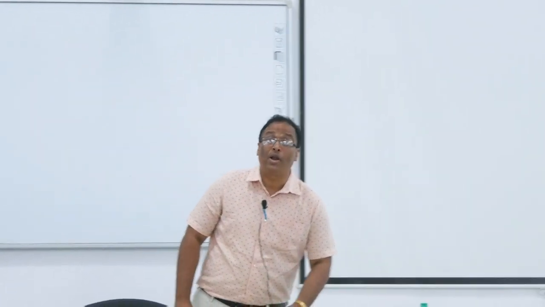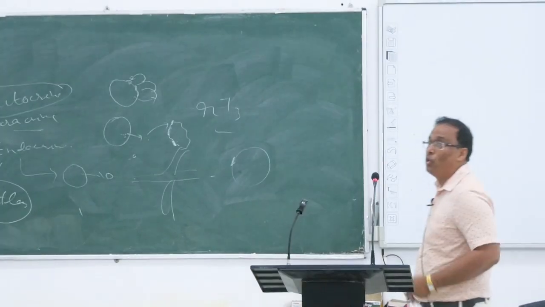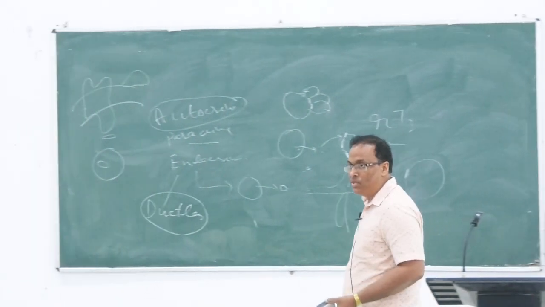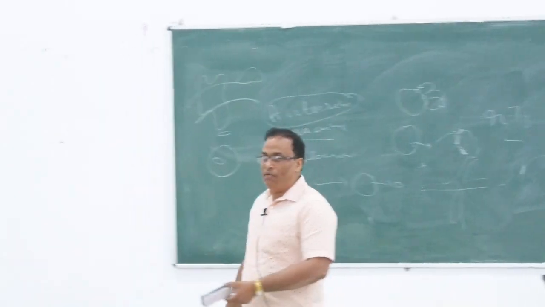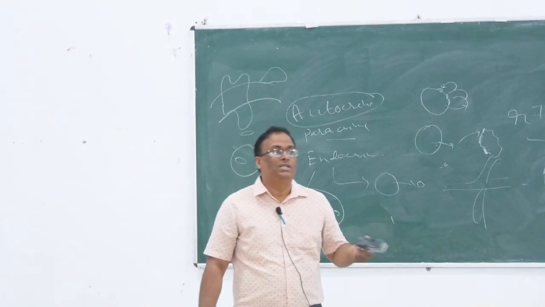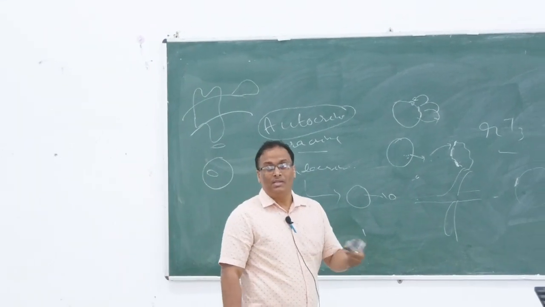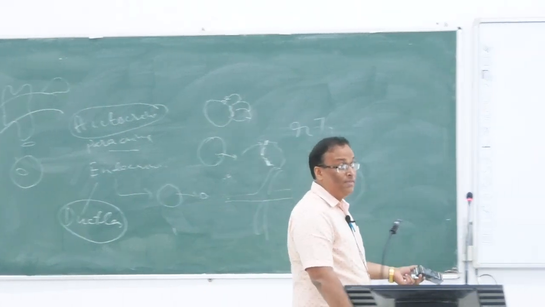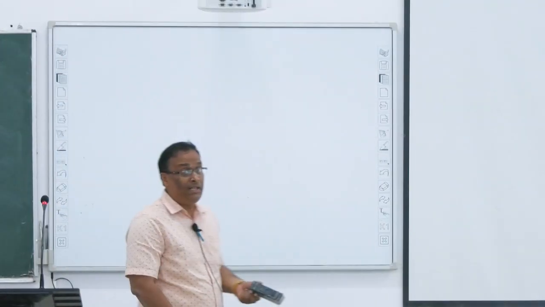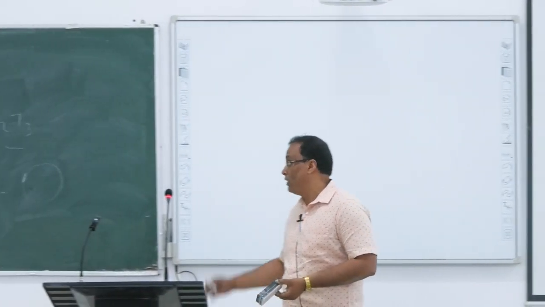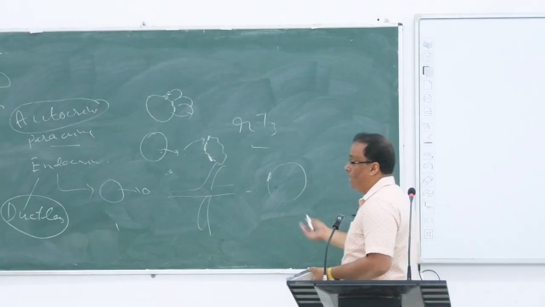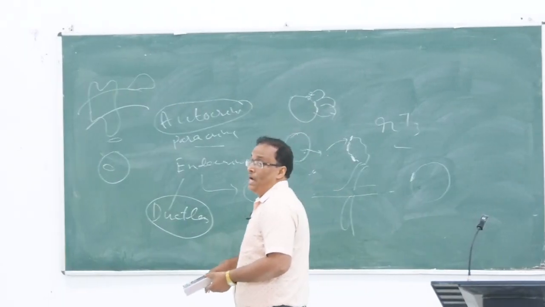It is called a heterocrine gland. Hetero means two types, exocrine and endocrine. The pancreas is endocrine for releasing insulin and glucagon, and exocrine for enzymes. Definitely there is a duct, the pancreatic duct. So there are ductless glands and glands having ducts.